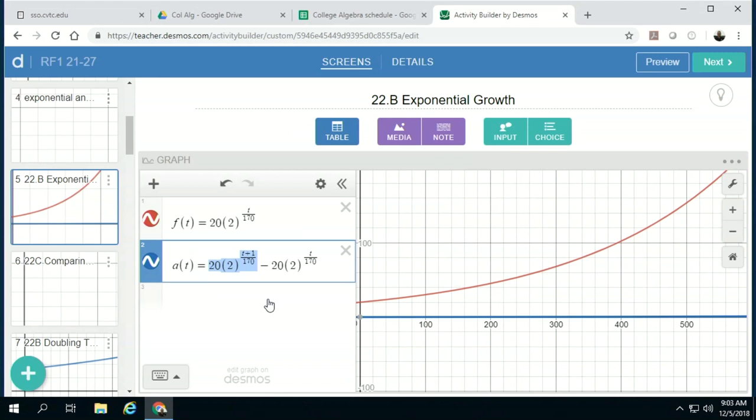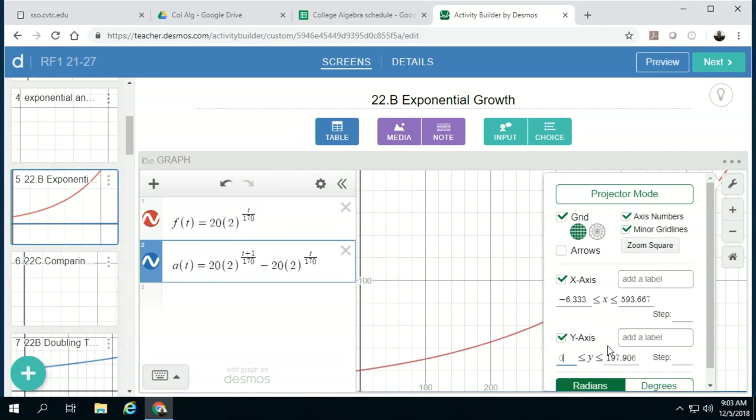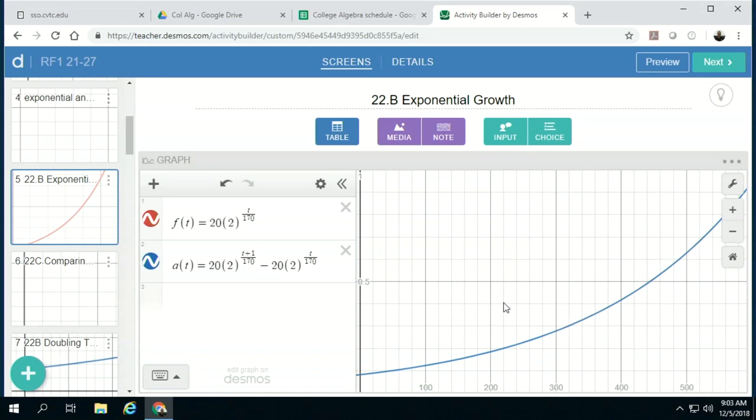Now if you notice, it graphs it as a blue line, but that blue line appears to be staying at 0. Well, the reason is each day the number of cancer cells doesn't grow by very much. So if we made the y-axis go from, let's say, 0 up to, say, 1 cancer cell per day, I don't know if that would be enough or not.